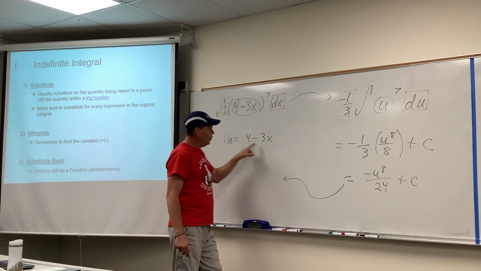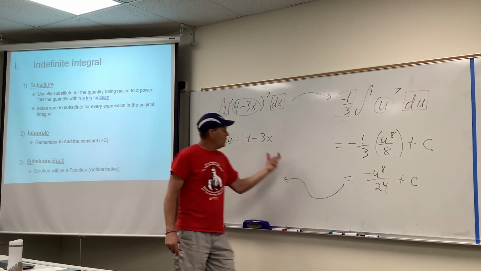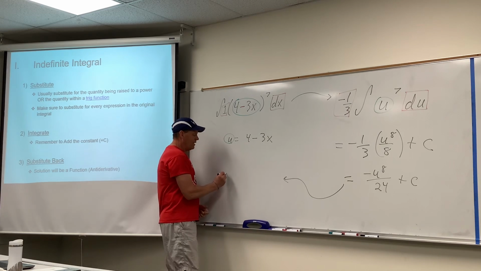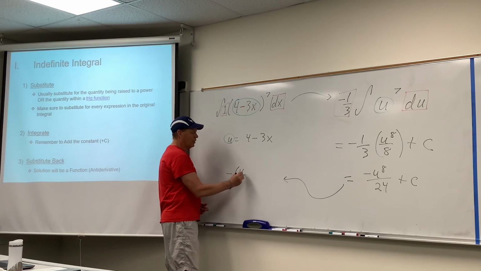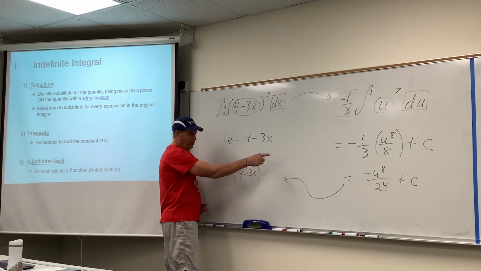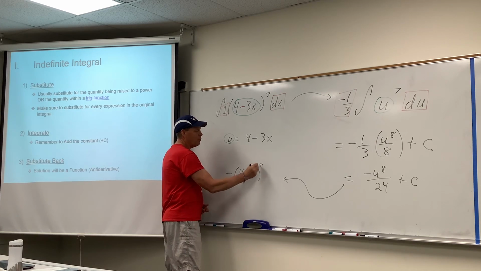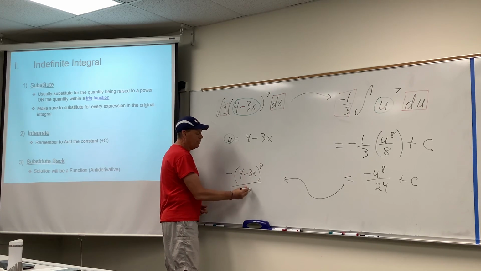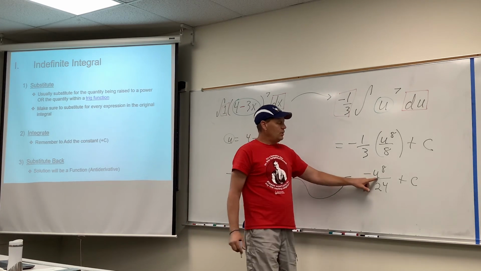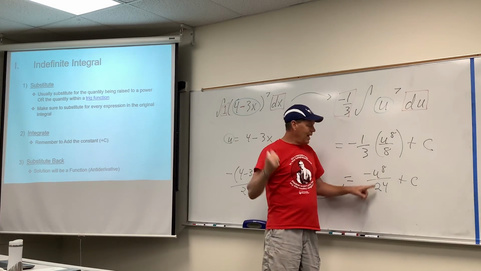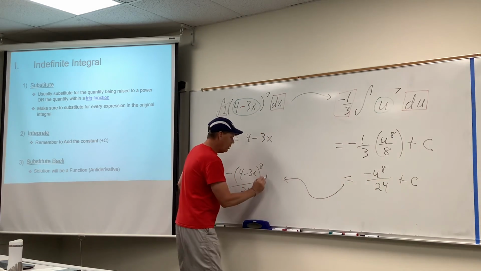So u was equal to that expression there, so we have negative expression that u took the place of, to the 8th power over 24. What did u take the place of? Substitute it back, and then always remember the plus c.